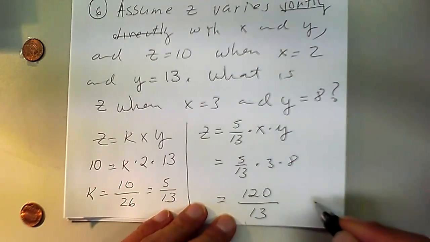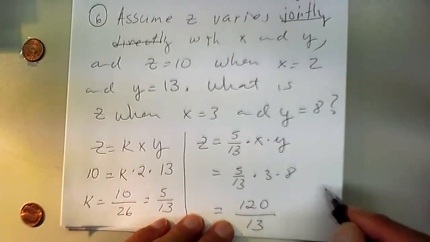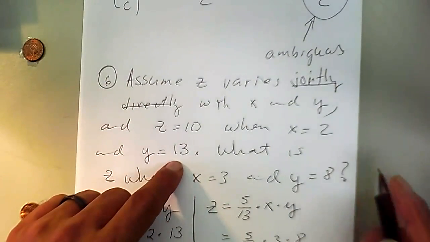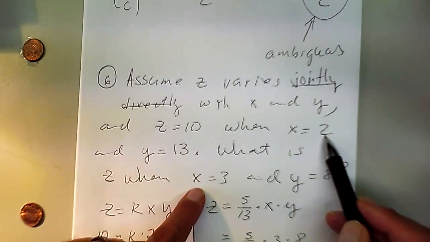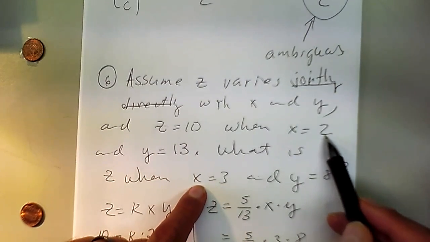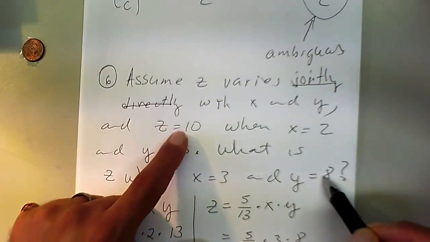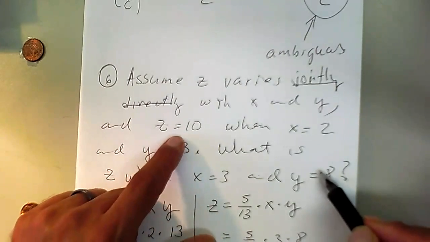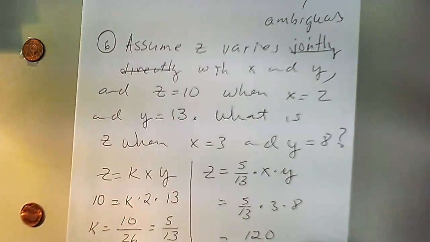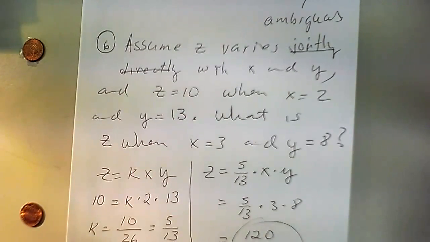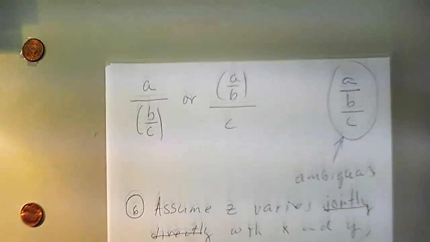So it's got to be 9 point something if I'm not mistaken. Does that make sense? Well, what is the new x here? 3. So x got bigger, but y got smaller. So on the two together, we didn't go too far away from the original output, which was 10. So z is equal to this on joint variation.